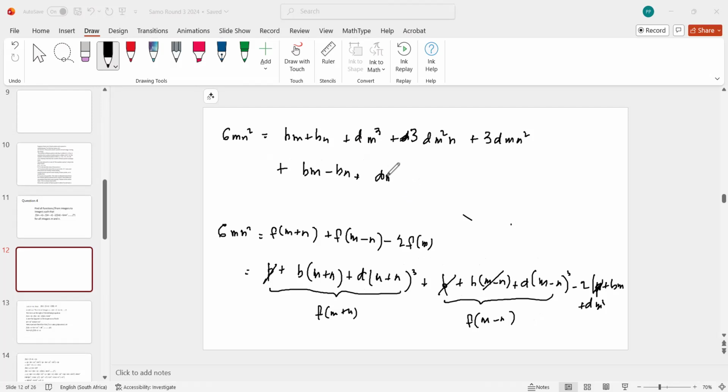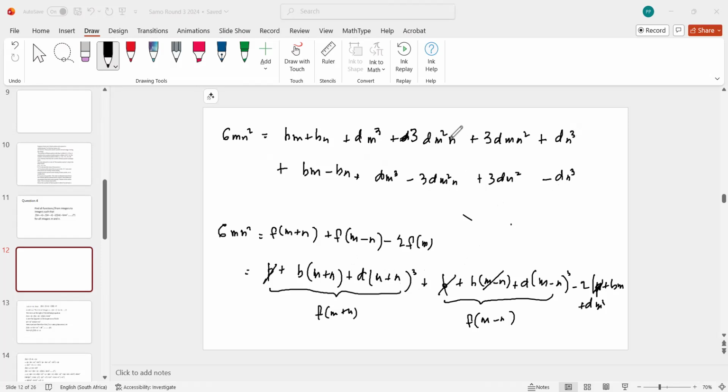Plus, I got all these. It's d m cubed. Now we got m minus n. These signs alternate. You have minus 3d m squared n plus 3d mn squared minus dn cubed.